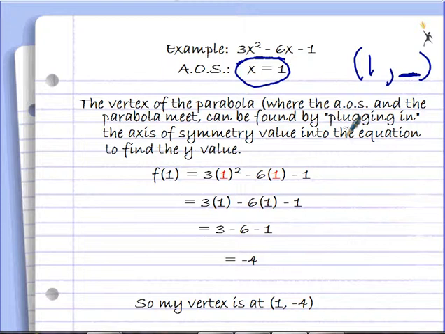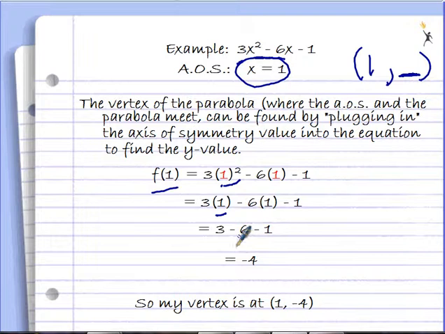Remember our functions, when we had to plug in an x value to find y? That means we're going to find the function when x is 1. Basically, I'm going to plug 1 in everywhere I have an x. So here I have 3 times 1 squared minus 6 times 1 minus 1. 1 squared is 1, so I'm just simplifying here. 3 times 1 gives me 3.